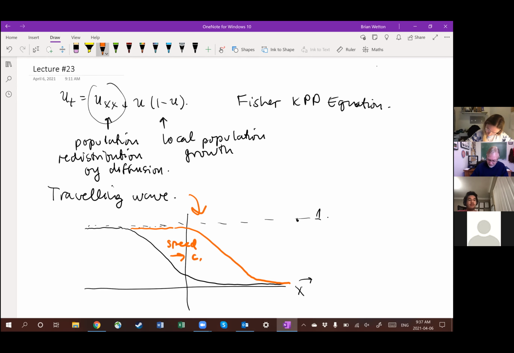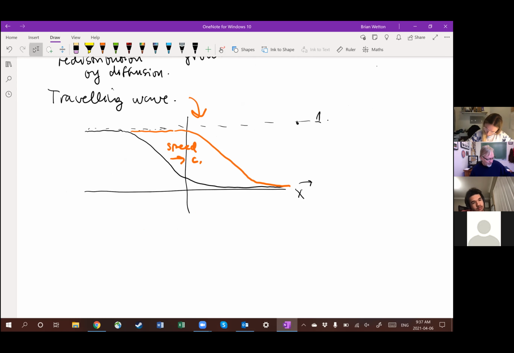So we'd started on our path to investigate whether such a thing existed. And so we were looking for a function that is just a function of one variable, that's this profile. And then u of x and t would be this profile moving at speed c.